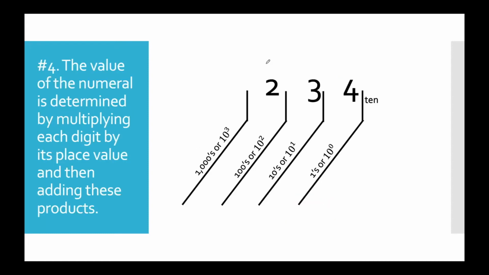Number 4, the value of the numeral is determined by multiplying each digit by its place value and then adding these products. This concept is a lot like the concept of expanded form you may have worked with before.